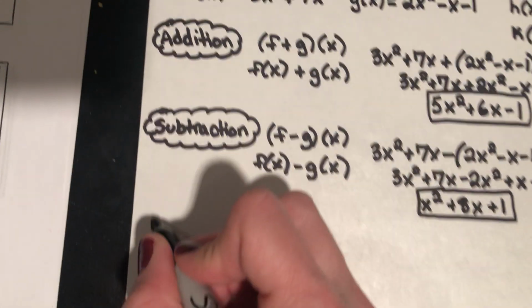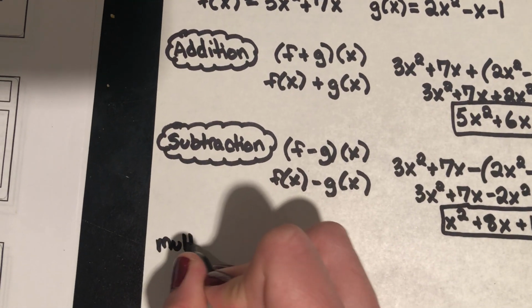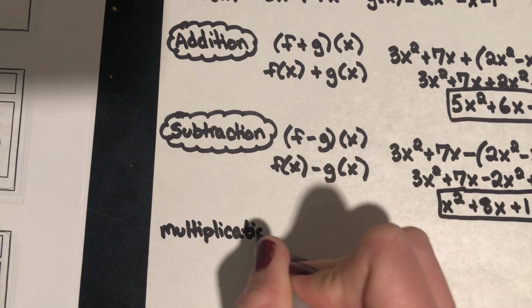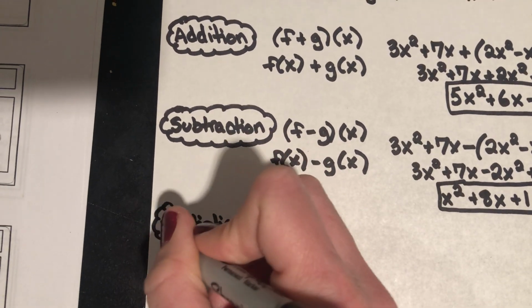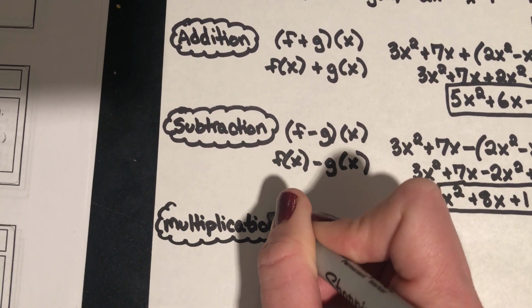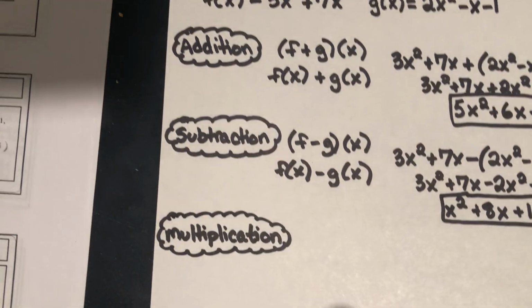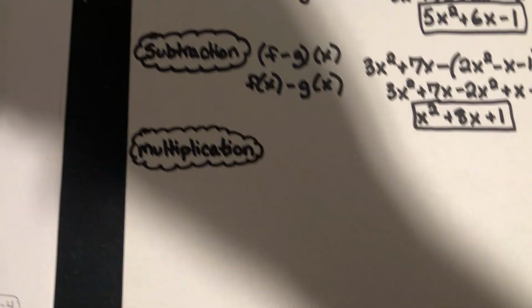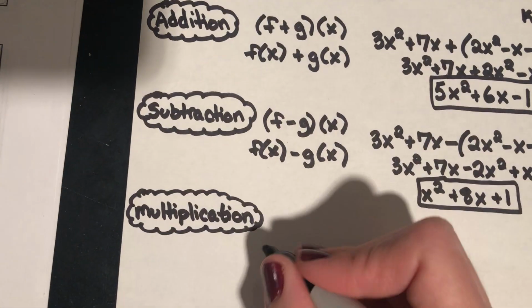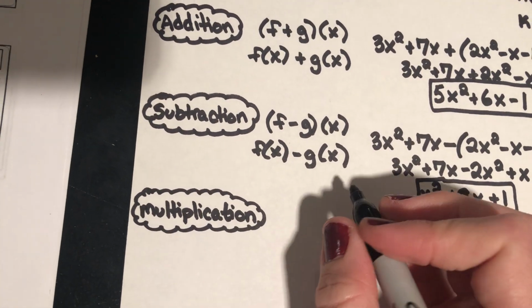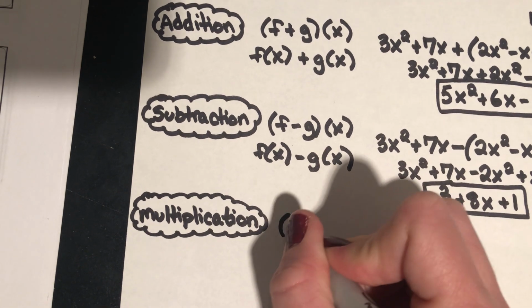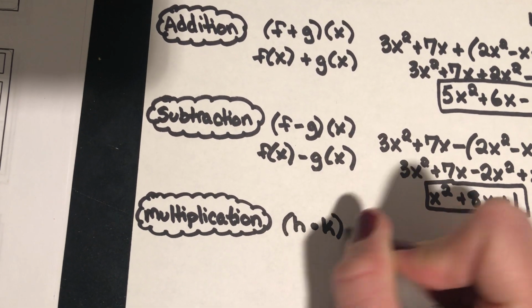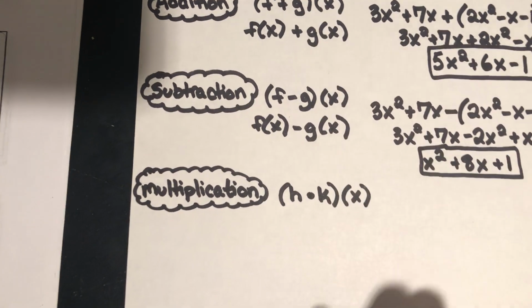This time, let's go to multiplication. With multiplication, let's do h of x times k of x.